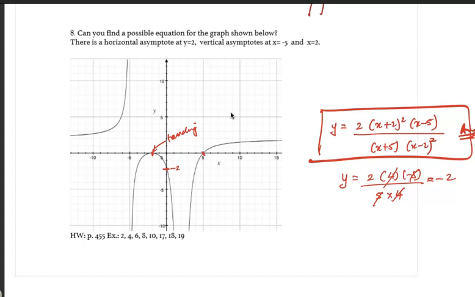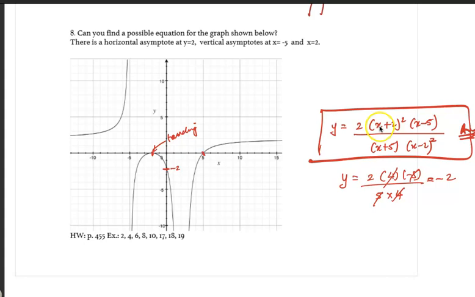So the numerator, you're generating from the x-intercepts. Your minus 2 was a repeating root, so that became x plus 2 the whole square. x minus 5, because it's cutting at 5. Y is equal to 2, so this becomes a coefficient.